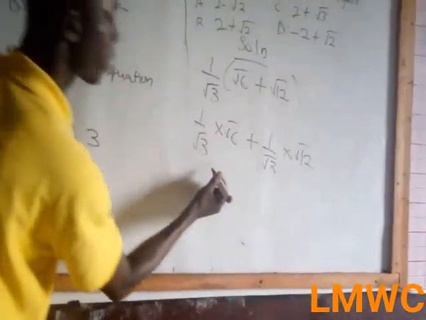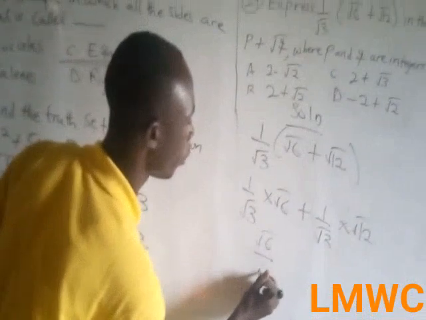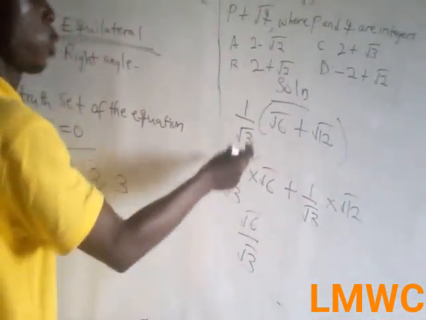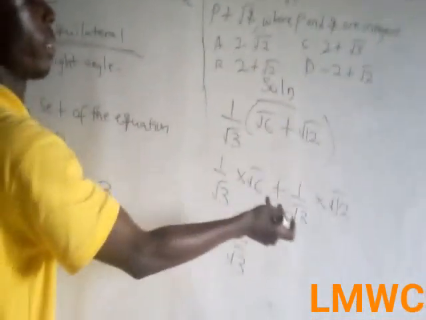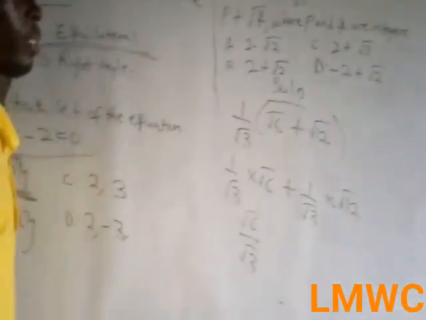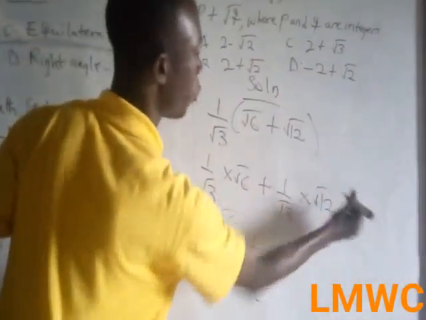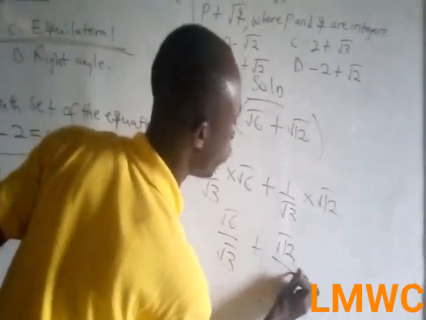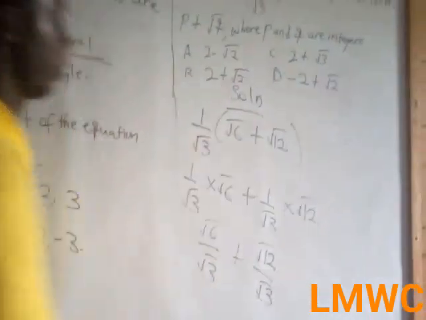This one becomes root 6 over root 3, because 1 times root 6 is root 6, and root 6 is the same as root 6 over 1. Plus 1 times root 12 is root 12 over root 3.